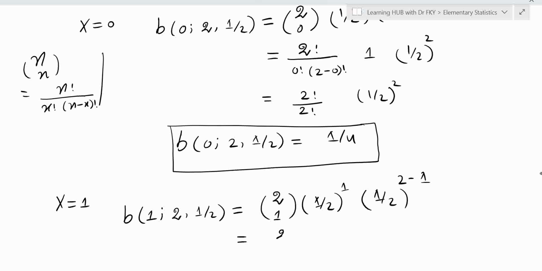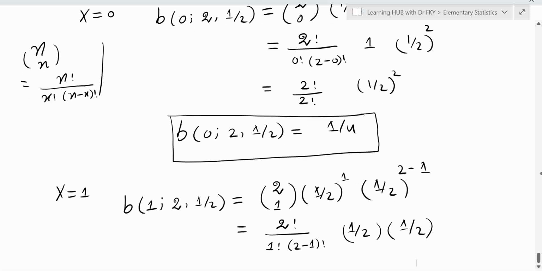This is now 2 factorial. You can expand using this formula on the side I mentioned, 1 factorial and 2 minus 1 factorial. This is 1 divided by 2 and this is 1 divided by 2 power 1, so this is 1 divided by 2.